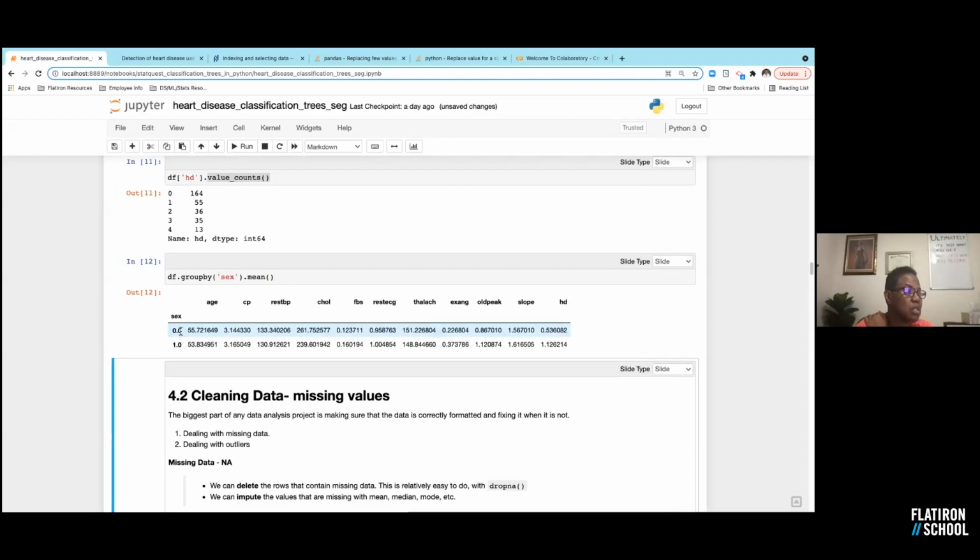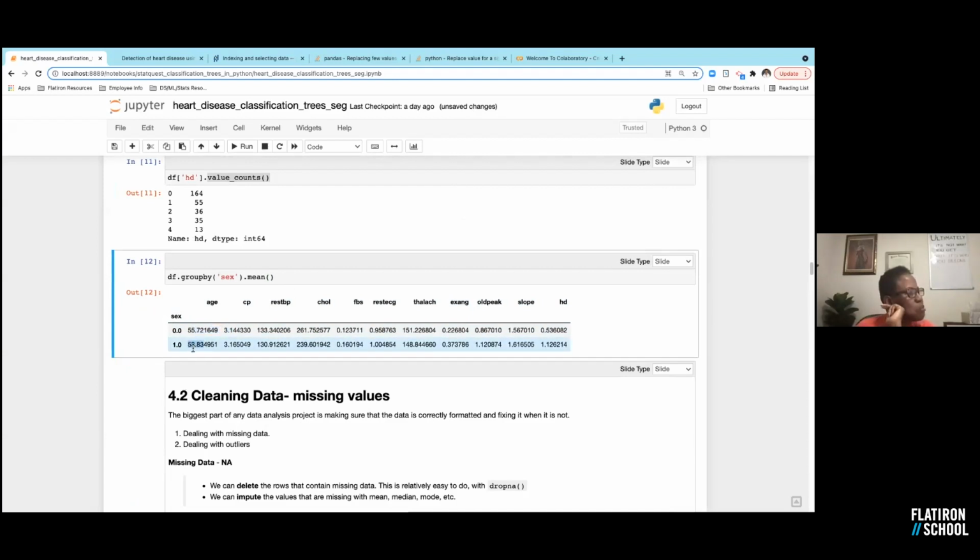So now we see we have two values for sex, 0 and 1, right? And 1 usually refers to males, and 0 refers to the females. So here we can see the average female in this data set is 55.72 years old, young, however you want to look at it.